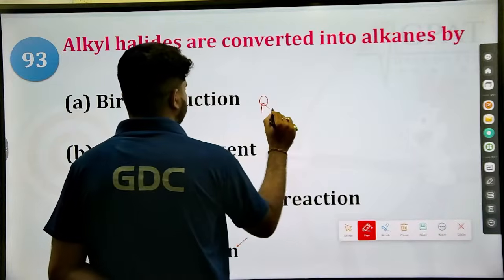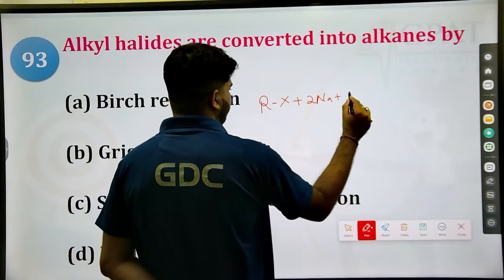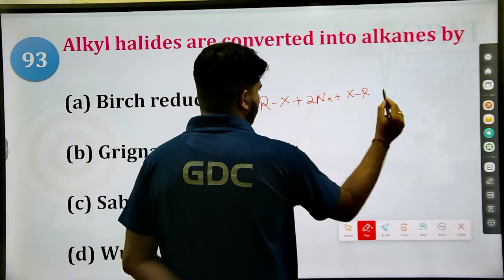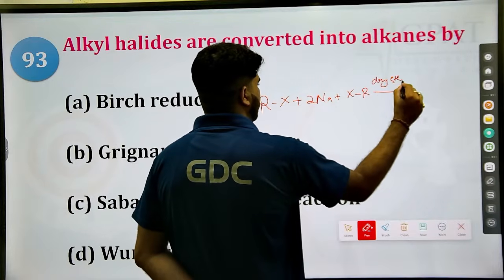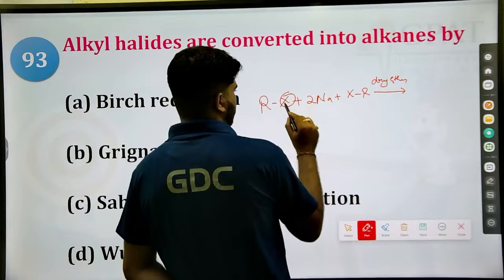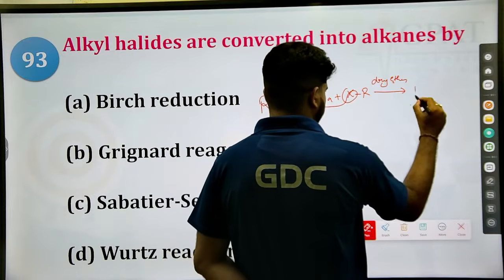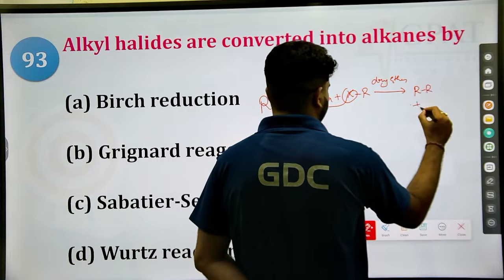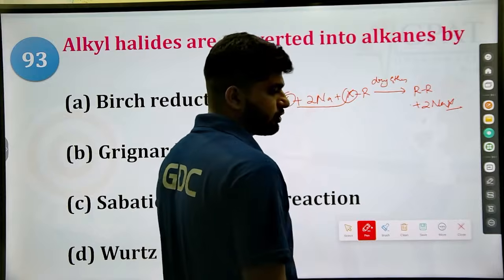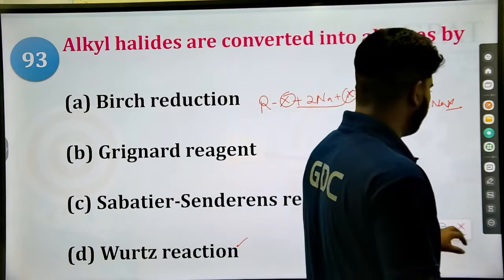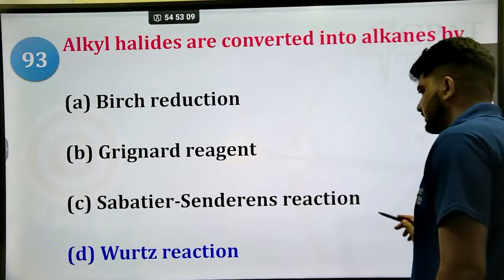Here you can see RX plus 2Na, and again you have X and R. In dry ether, X and X will go with 2Na, so that will be your R-R plus 2NaX going outside. So R-R is your alkane only. So Wurtz reaction is the correct answer.